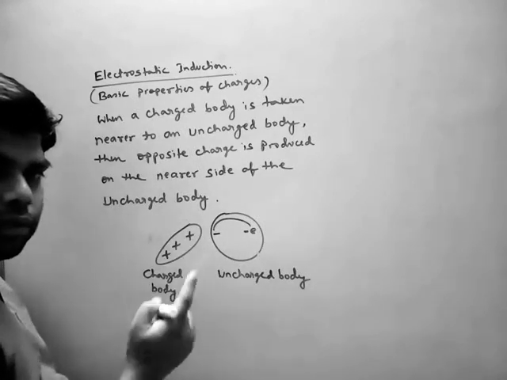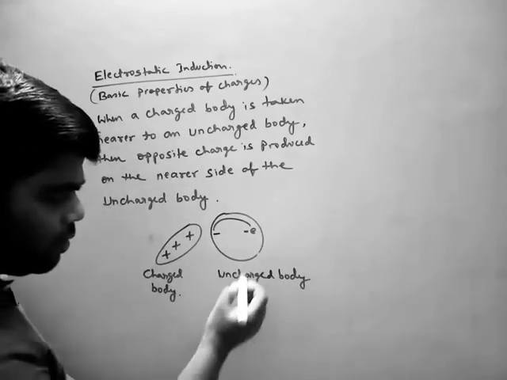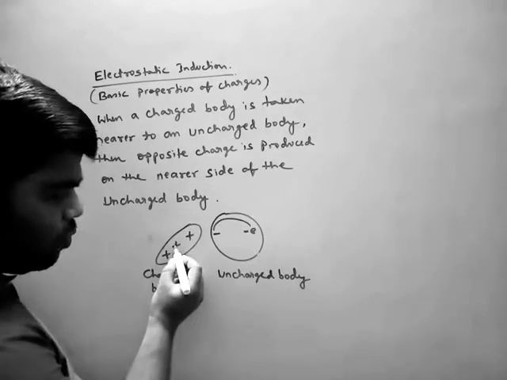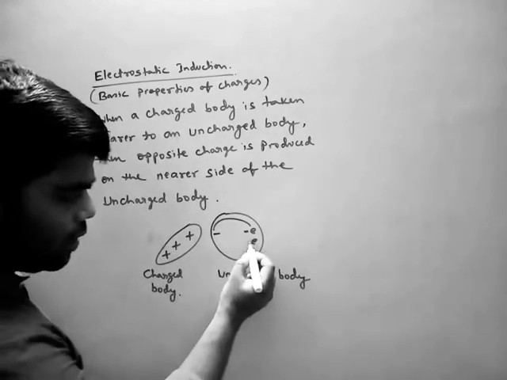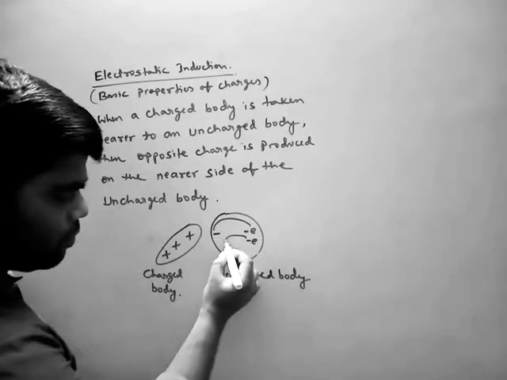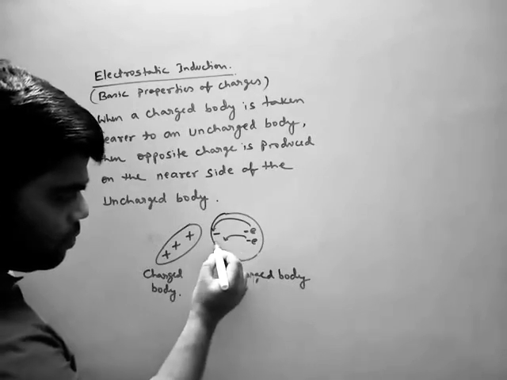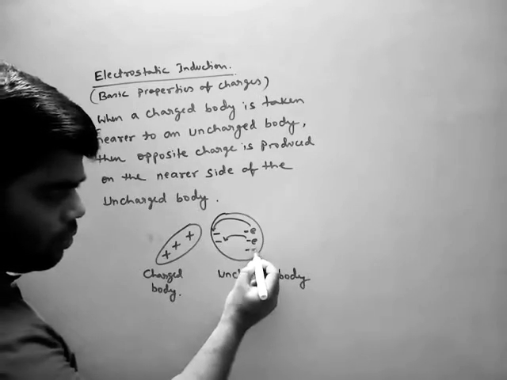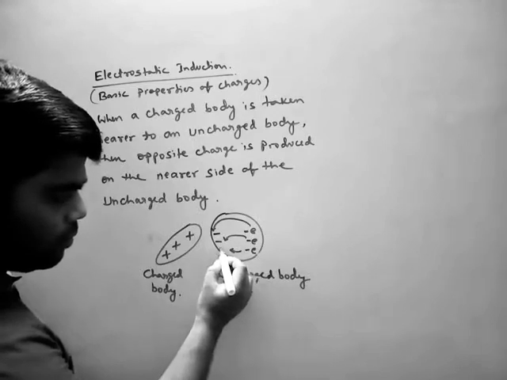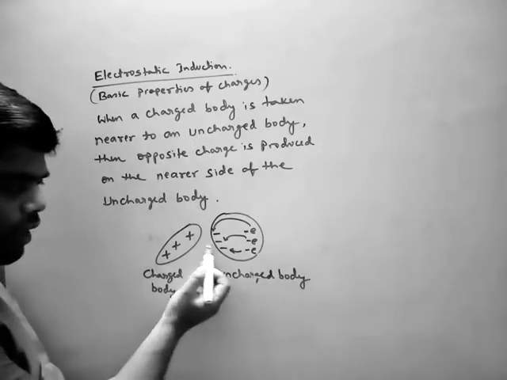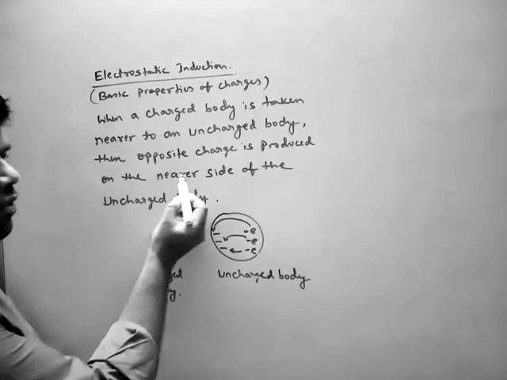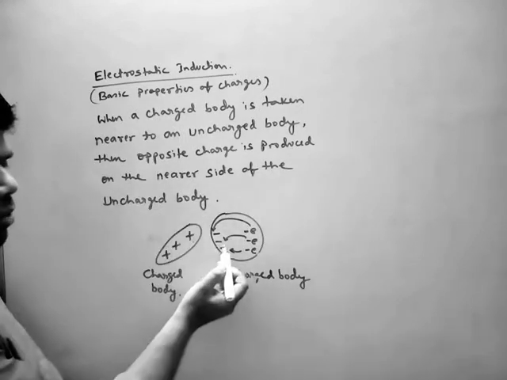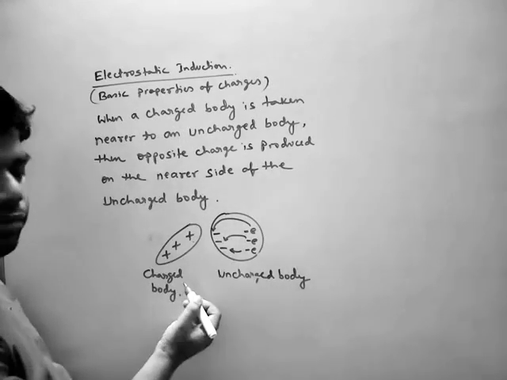As we know, charges are attractive in nature. There is one more plus, so another electron will also come. So the nearer side of the uncharged body becomes negative.